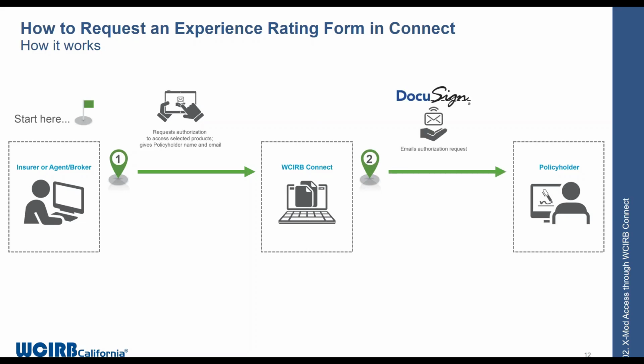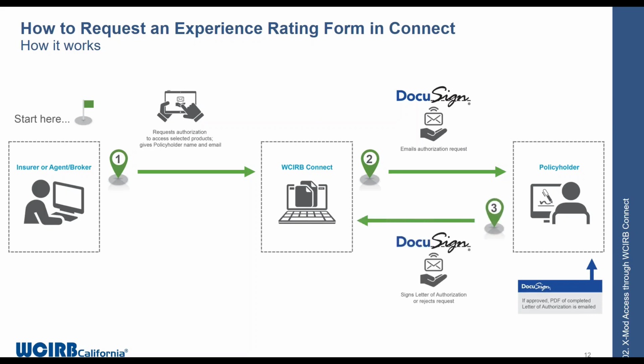From Connect, we will send an email to the policyholder based upon that email address that you sent to us. We will notify them that you are requesting authorization for their rate sheet. The policyholder then receives that. If they agree to provide you with that information, or if they say no, I'm not going to authorize that, that information comes back into WCIRB Connect.